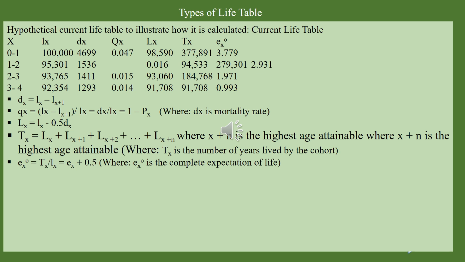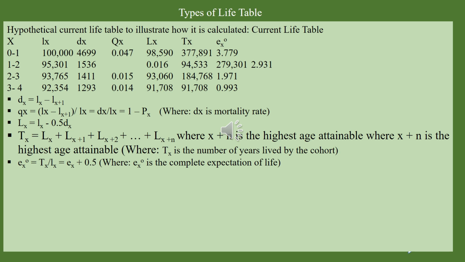That means from 1 month, 2 months, 3 days, to up to 1 year. The lx, l here with small letter, is representing the population of the animals, which is 100,000.